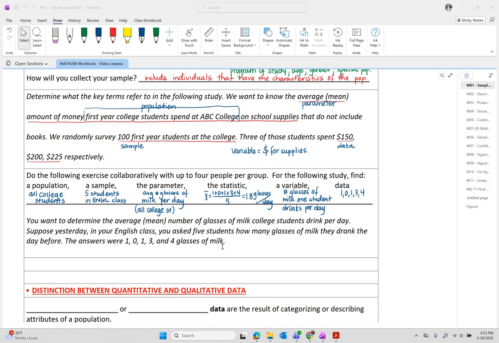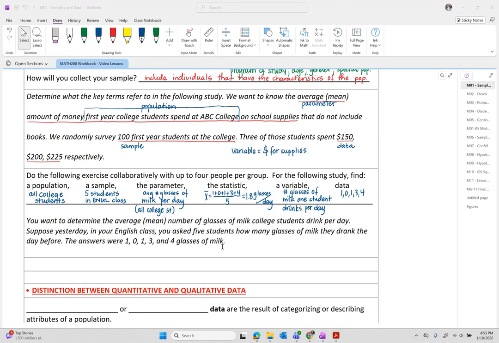The statistic would be the average number of glasses of milk per day that my sample said they drink. So I will add the values of the data, 1, 0, 1, 3, and 4, divide by 5. That comes to 1.8 glasses per day for the sample, for the students in the sample.